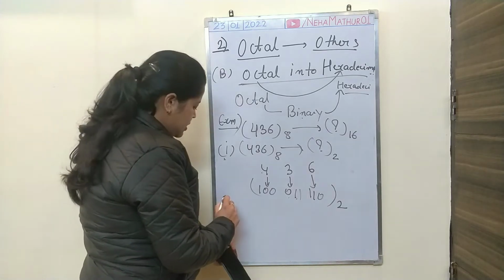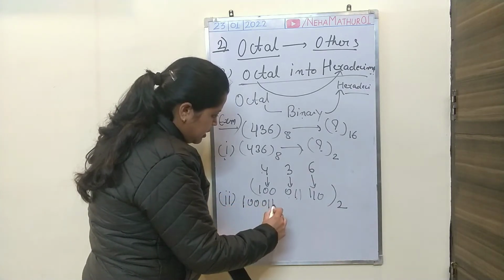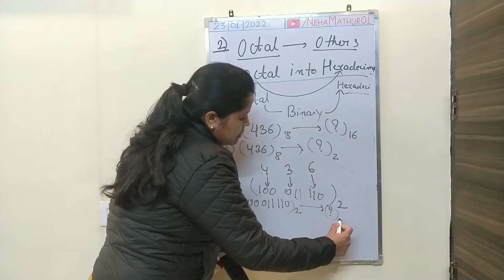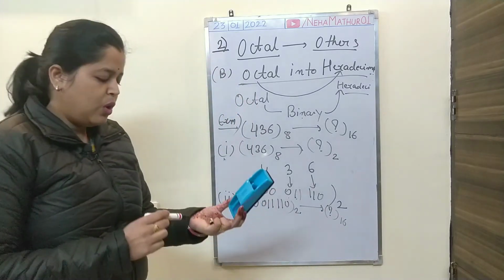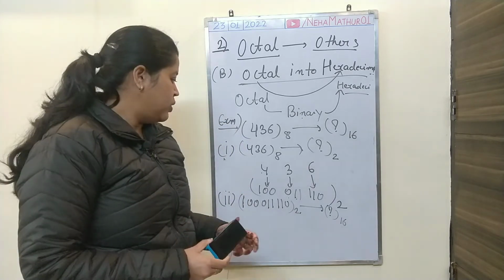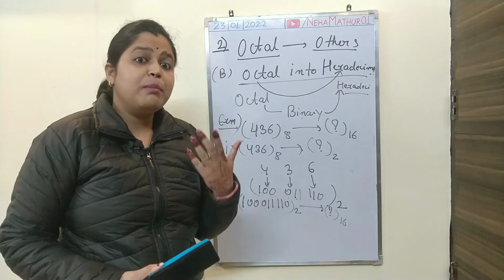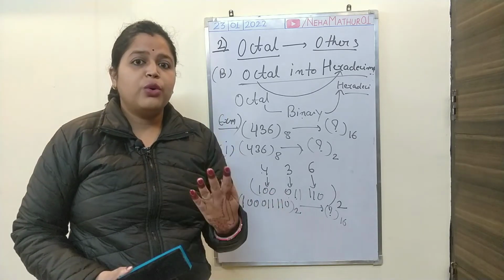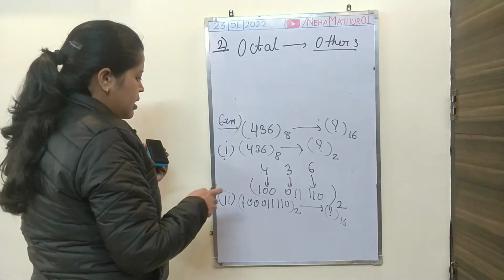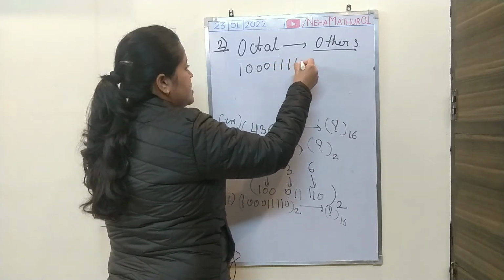And what will be the process for that? You have 1 0 0 0 1 1 1 1 0 having base 2, and you want to convert that number into 16. So I already told you in my last video that if you want to convert a binary number system into hexadecimal, in that case you will have to make a group of 4 digits from right to left like this, and your number is 1 0 0 0 1 1 1 1 0.